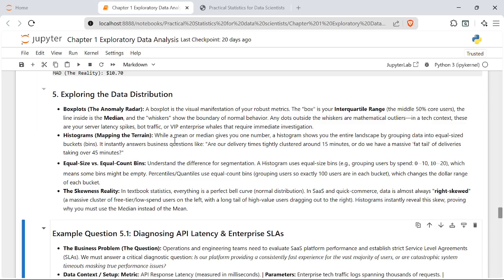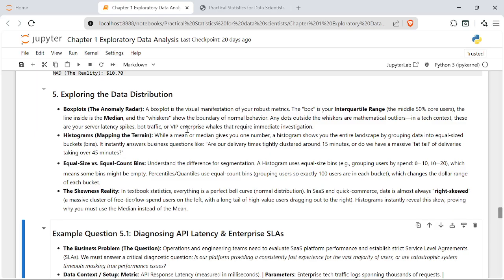The line inside is the median, and the whiskers show the boundary of the normal behavior. Any dots outside the whiskers are mathematical outliers. In a tech context, these are your server latency spikes, bot traffic, or VIP enterprise whales that require immediate investigation.